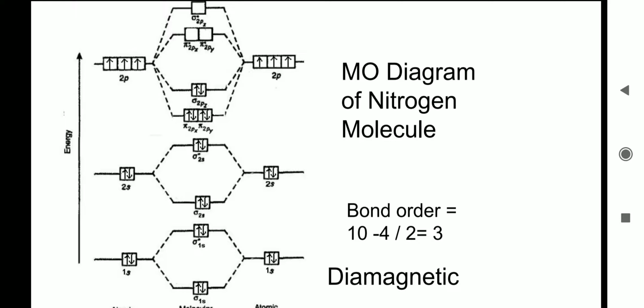Bond order for N2 plus will be less than that of the nitrogen molecule, because we are removing the electron from a bonding molecular orbital. Whenever an electron is removed from a bonding molecular orbital, the bond order decreases, and whenever it is removed from an antibonding molecular orbital, bond order increases.